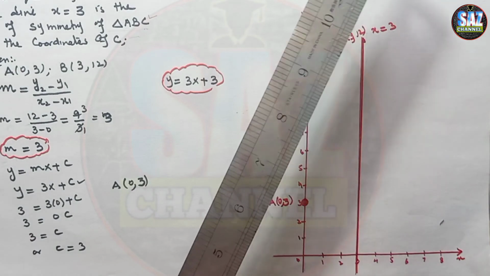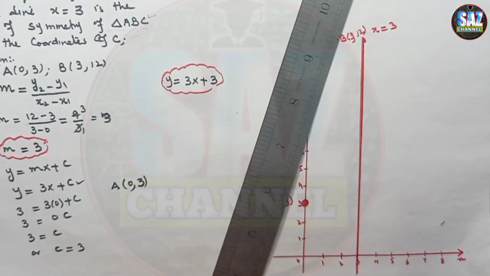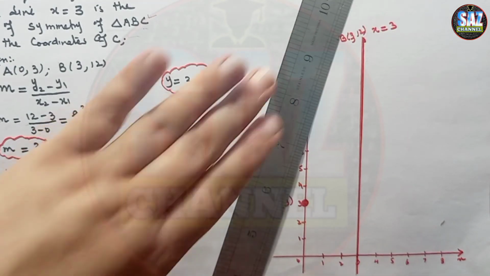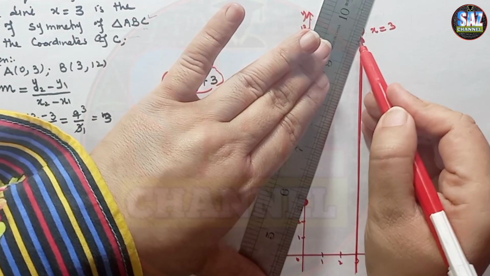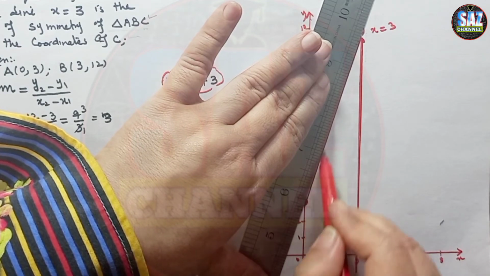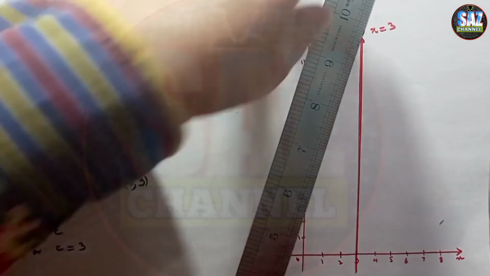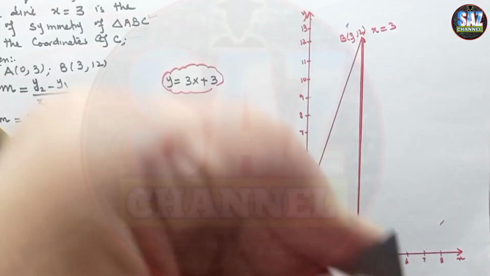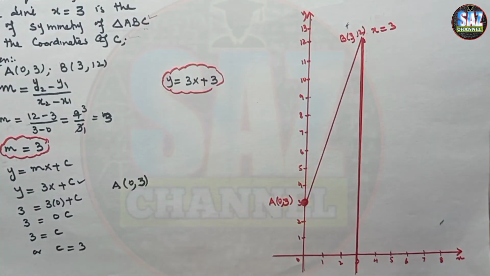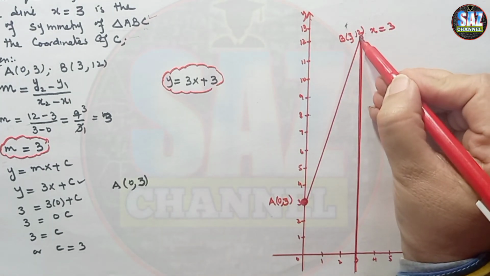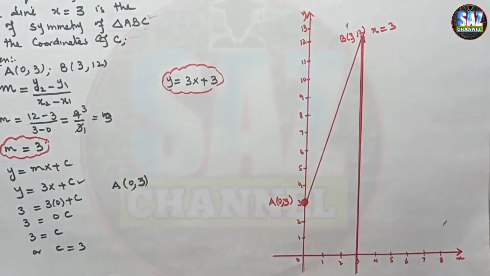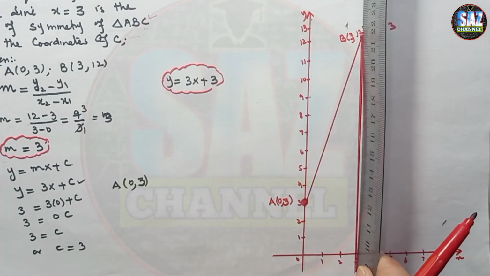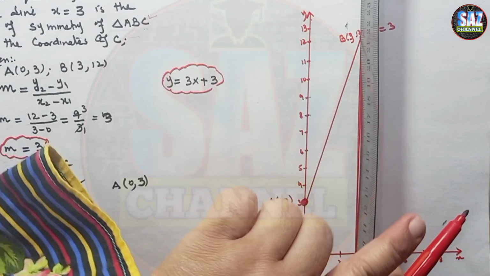Now, first of all, let me join A with B. As we need to complete the triangle and x equals 3 is the line of symmetry, first of all I have to understand the role of the line of symmetry here. If we look at point B, it is on the line of symmetry, or on the mirror line.